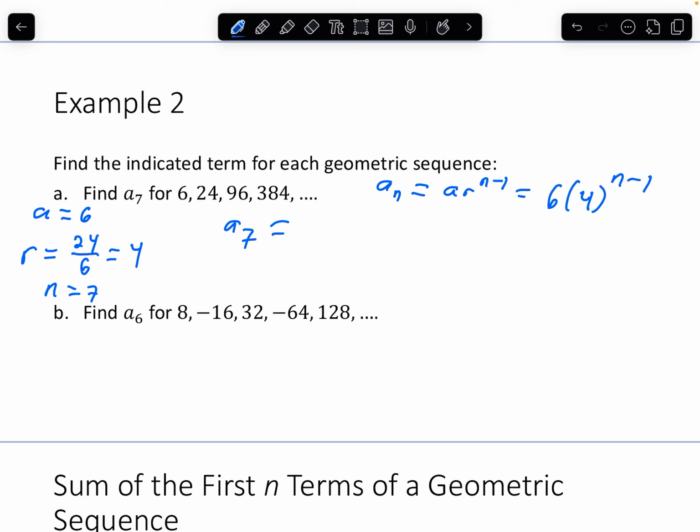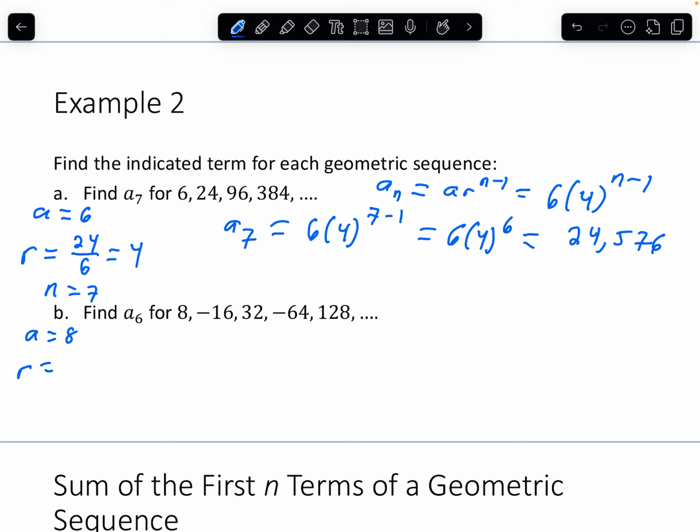And since this is the seventh term, this would be 6 times 4 to the 7 minus 1, or 6 times 4 to the 6th power, which gives us a value of 24,576.